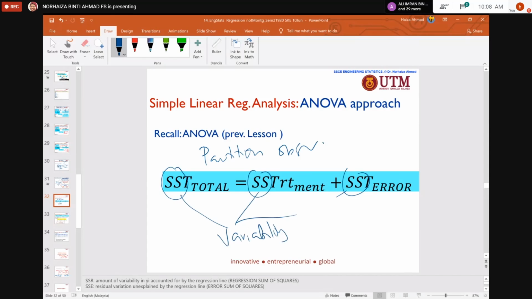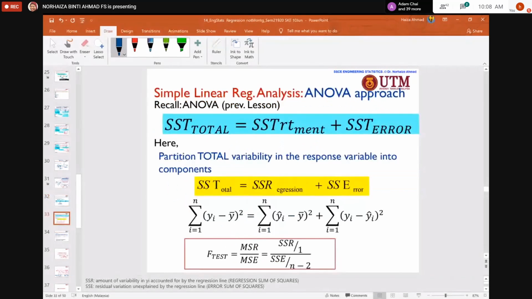All the variability can be divided into these two parts. So for simple linear regression, we will decompose your total variability as well, but based on your regression and your error, or your residuals.